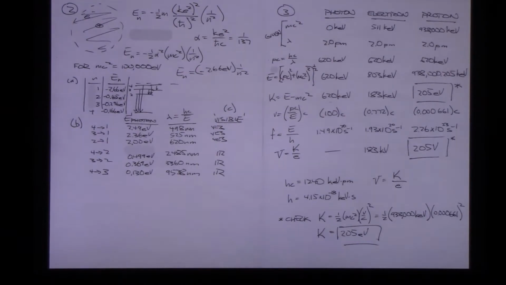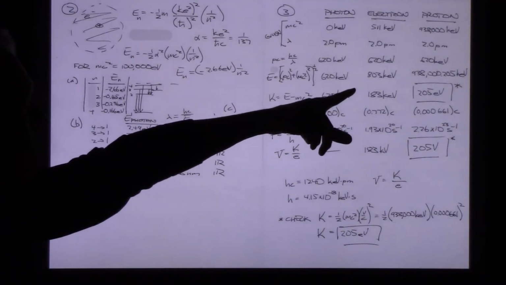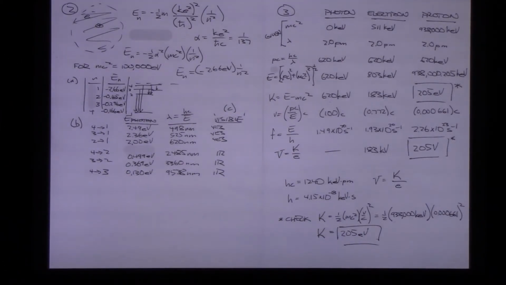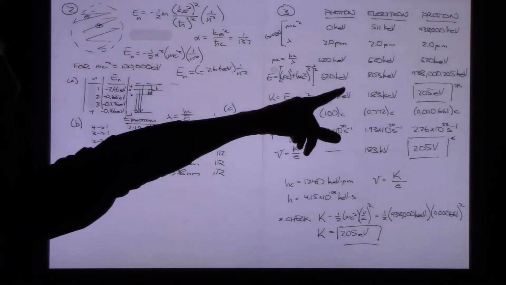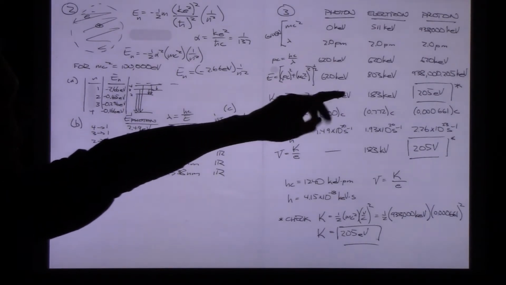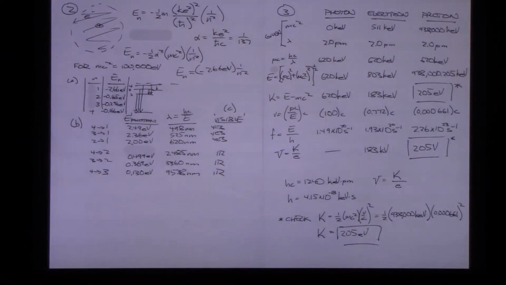So for the electron, 511 keV of mass, 620 keV of momentum, and 803 keV of total energy. For the proton now, we can see it's going to be totally dominated by its mass energy. The mass on the proton is much, much larger than the momentum. When we calculate the total energy, that extra momentum barely makes a dent.